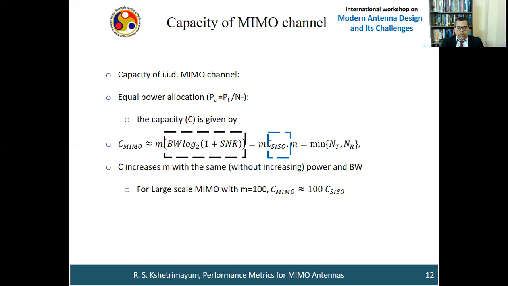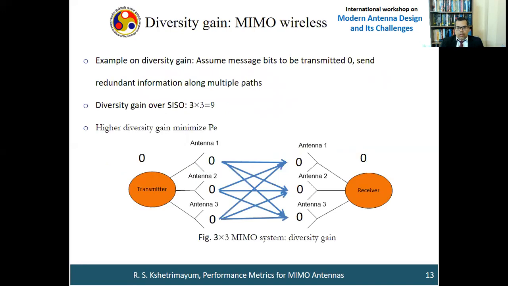Once you decide the application, bandwidth is almost fixed. So MIMO actually increases capacity without increasing power and bandwidth, which is a very good thing, because SISO cannot do that. So let's say you consider a large scale MIMO system with M equal to 100. Capacity for the MIMO system would be 100 times that of the SISO system.